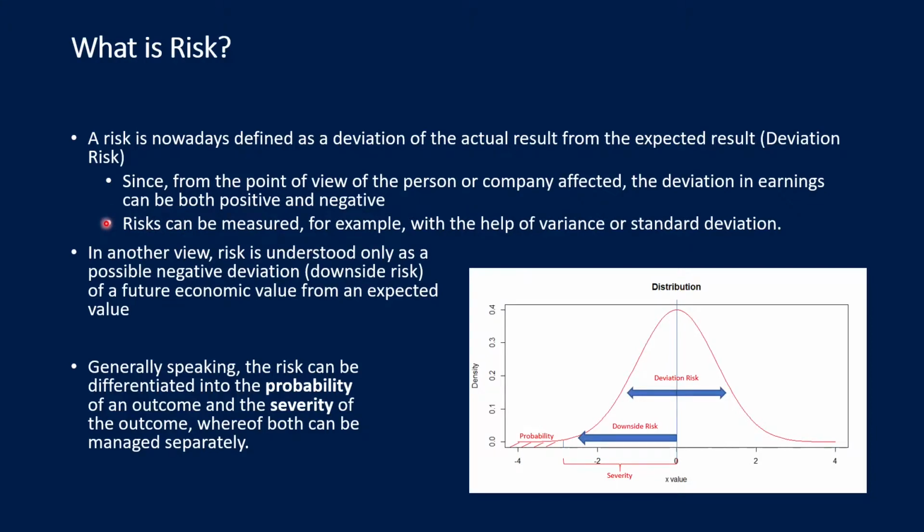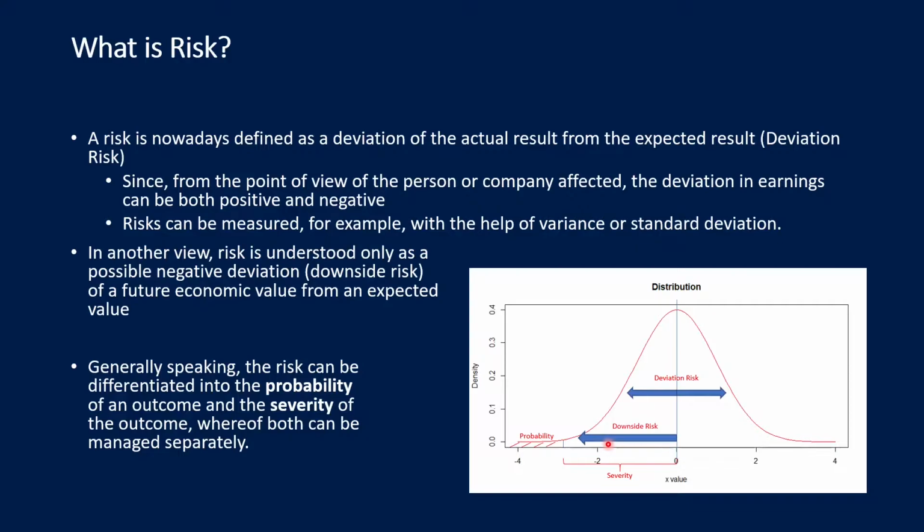Risks can be measured, for example, with the help of variance or standard deviation. In another view, risk is understood only as a possible negative deviation, what we call the downside risk. So we only see the negative part of this.